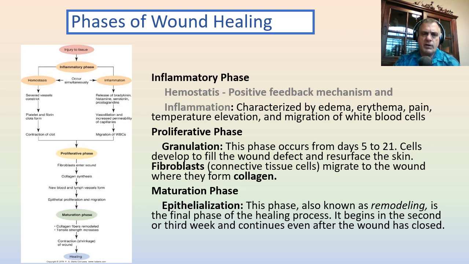And then there's the epithelialization or maturation phase. Epithelialization is known as remodeling, the final phase of healing. What happens in remodeling is that fibrin and collagen work together. They help form the scar over a surface wound.